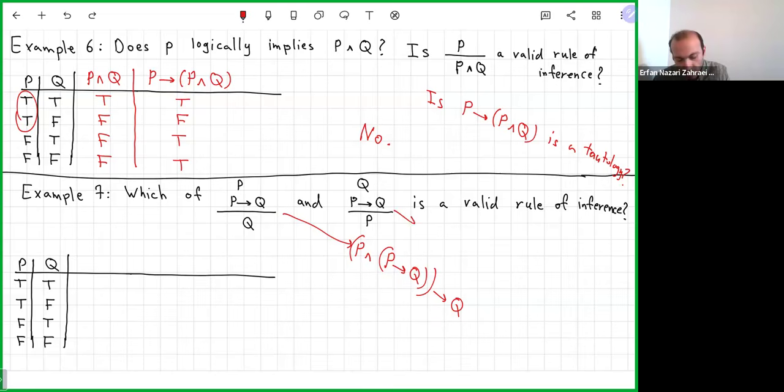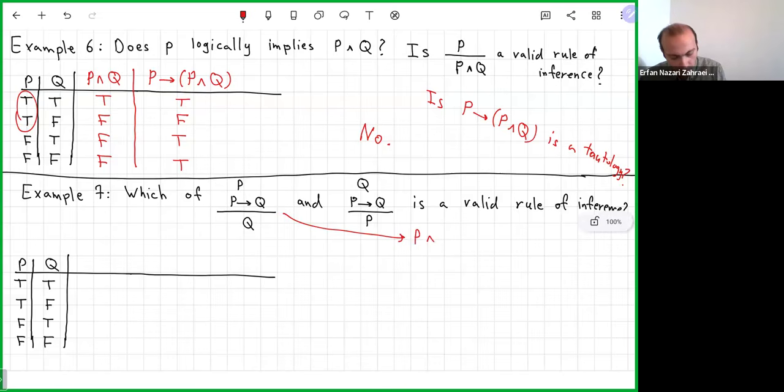For the other one, it's similar, but it's Q and something. Maybe I do one of them and then ask you to do the other one as a practice exercise: P and (P implies Q), the whole thing implies Q.